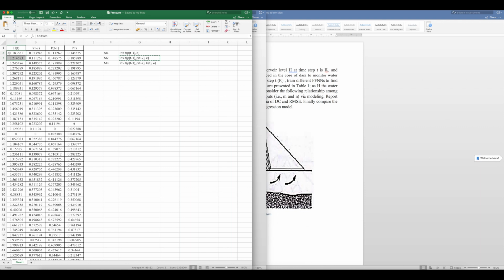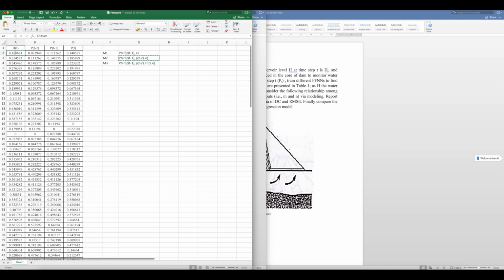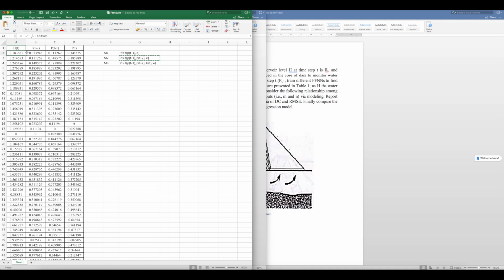If we leave it like this, this one is considered as ht minus 2, because this value is predicting the second value, or two steps ahead, of pt. Therefore, in this case, it is ht minus 2, that is, two steps previously.